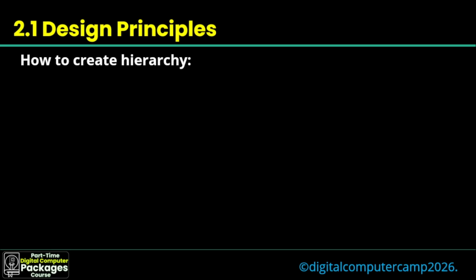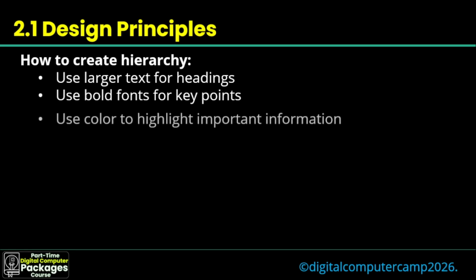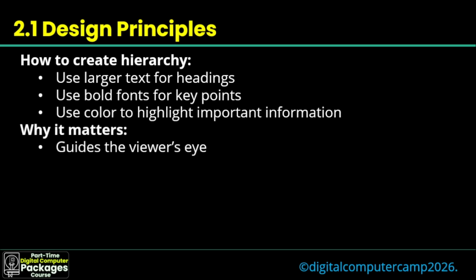For example, how to create a hierarchy: use larger text for headings, use bold fonts for key points, and then use colors to highlight important information. Why it matters? It guides the viewer's eyes. All right, that one is hierarchy. It makes information easy to scan, all right? You can scan the information.